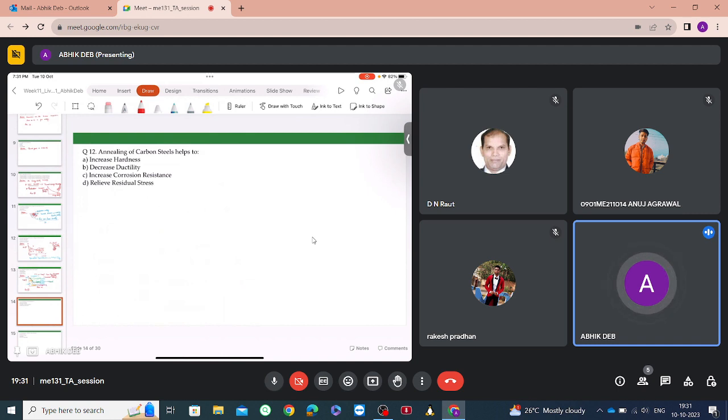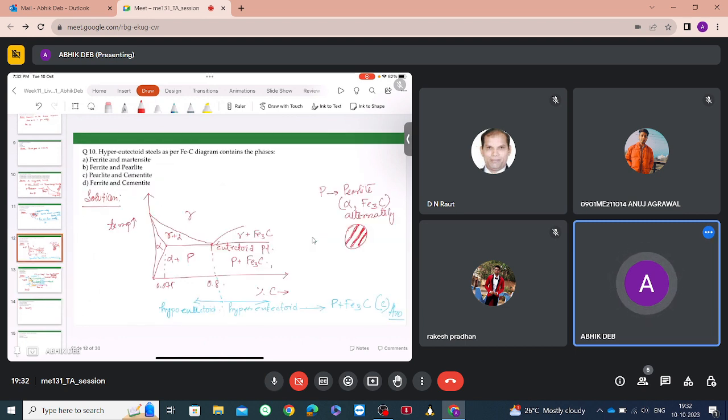Annealing of carbon steels helps to which of these? So in the annealing process, what do we do? Can you tell me which are the upper critical temperatures and which are the lower critical temperatures in this diagram?